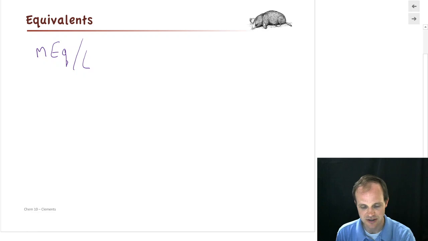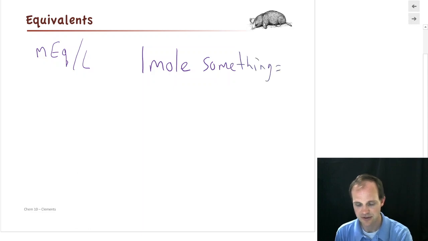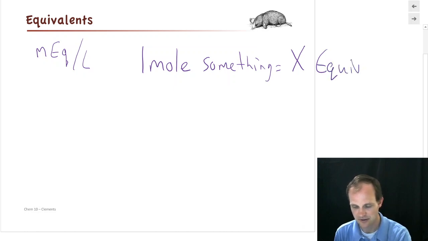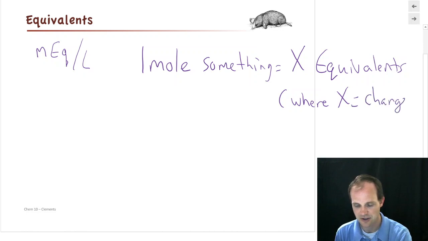And you'll see what I mean in just a moment. The basic definition of an equivalent is 1 mole of something is equal to X equivalents, where X is equal to the charge on your something.